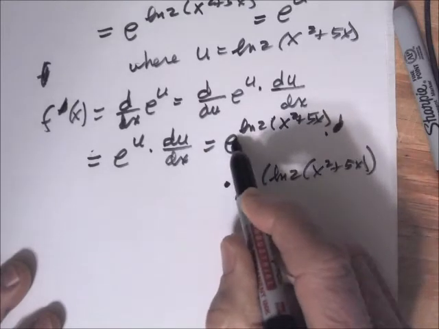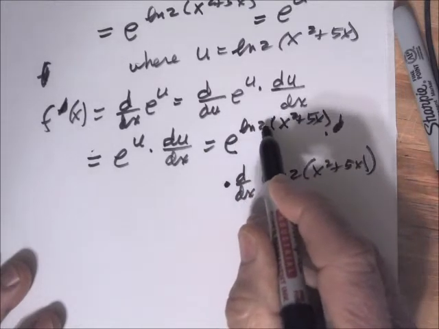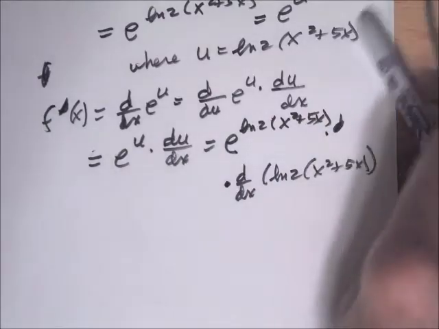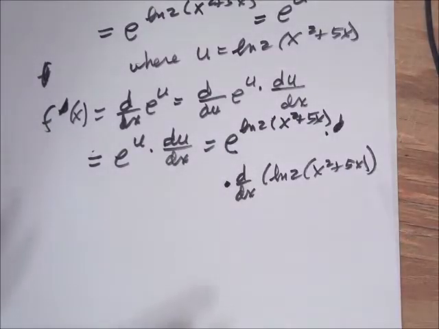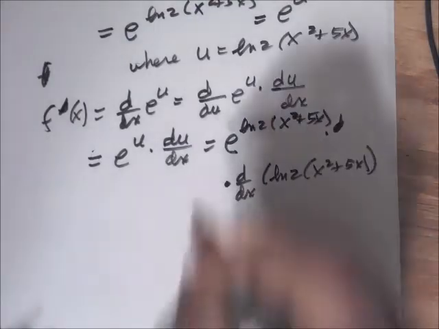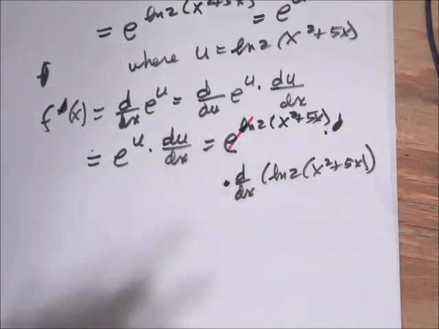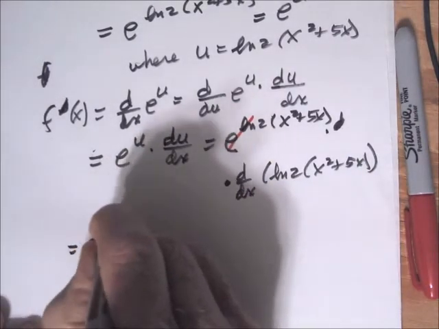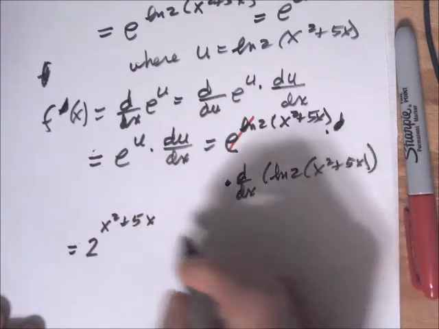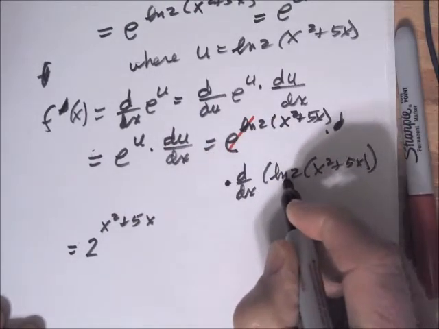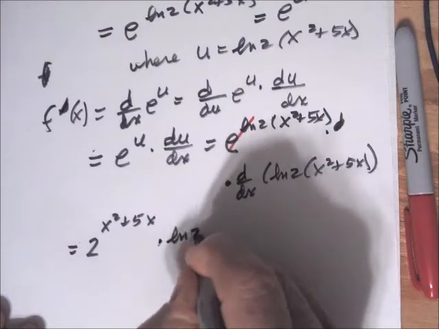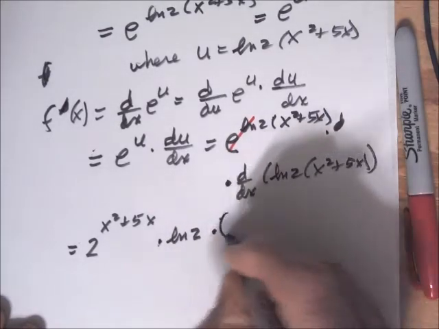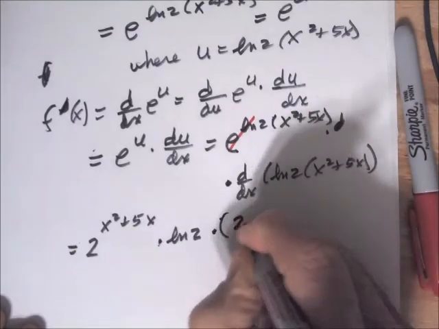Okay, so exponential and ln cancel, so this is just going to be 2 to the x squared plus 5x, because the exponential and ln cancel. And this constant can come out, so it's times ln 2, and then times the derivative of x squared plus 5x. It would be 2x plus 5.